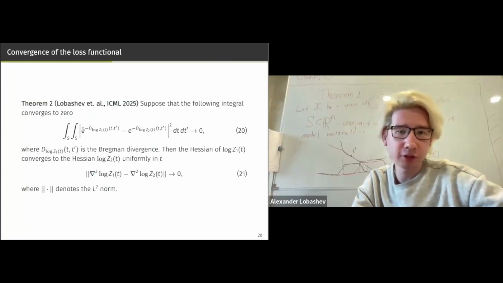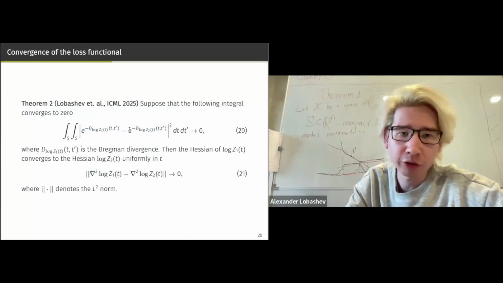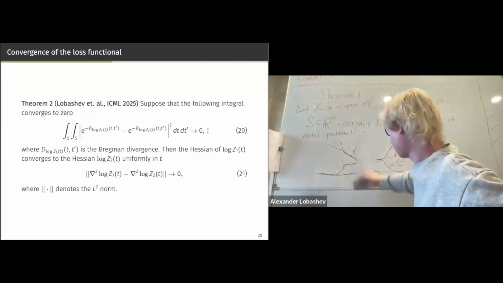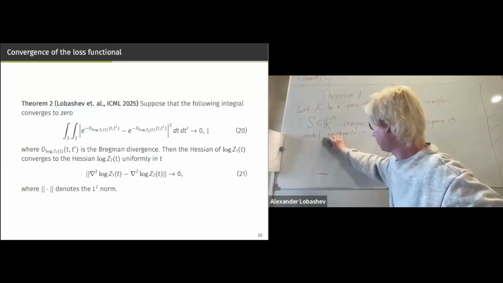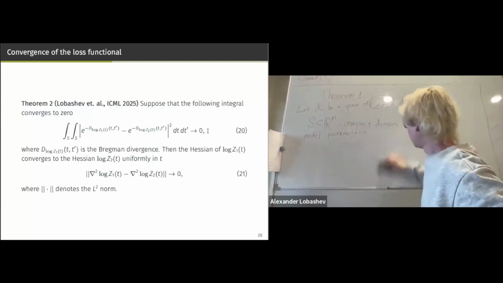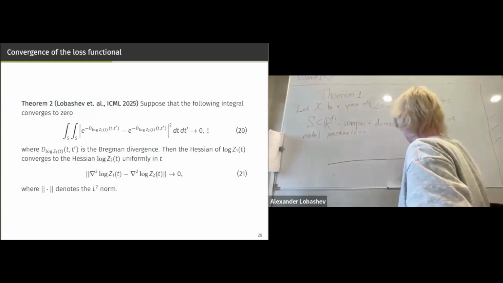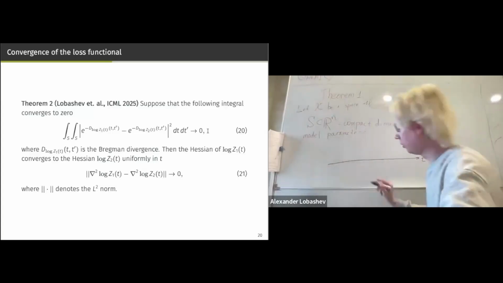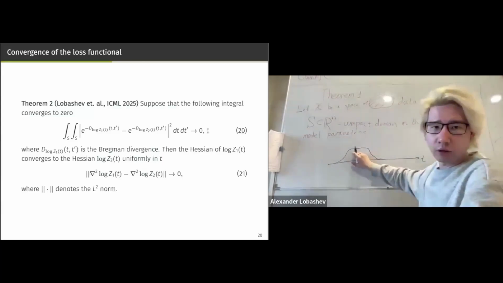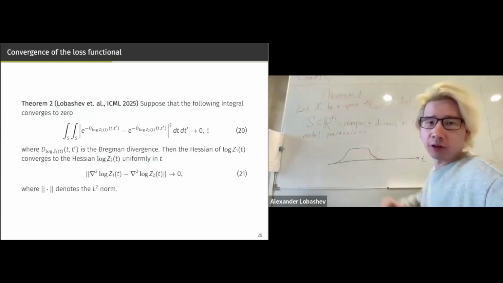Yeah, but in practice, we use a slightly different loss. What is the problem with this loss function? Suppose that at the initial optimization stages we have two distributions. This is our space of parameters. I will draw the one-dimensional case. Suppose that this is the ground truth parameter, defined by Z1.